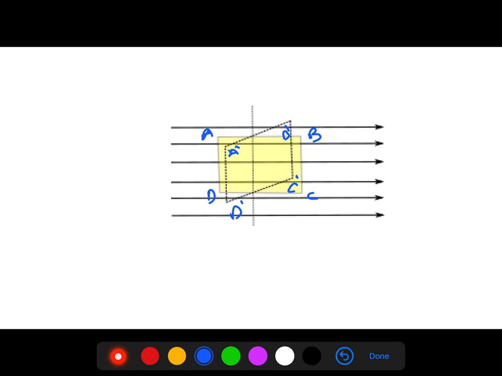For area ABCD, the line integrals along AD and BC are 0, while the line integrals along AB and CD are not 0. This shows that there is a certain orientation of the area for which the line integral is maximum.